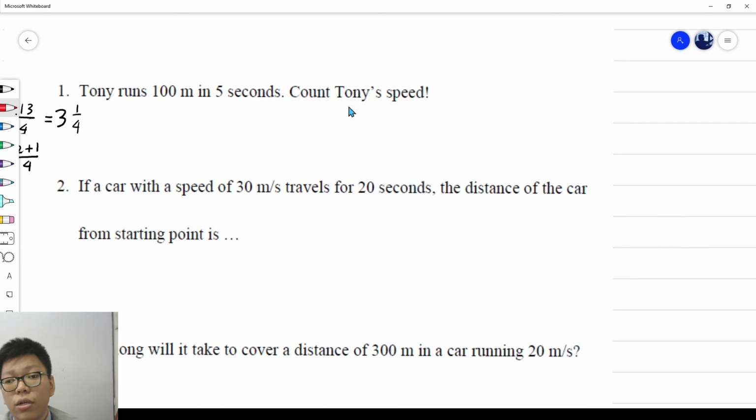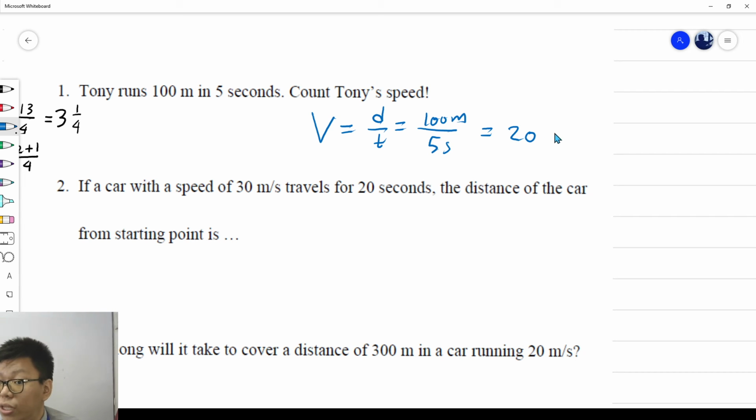First, Tony runs 100 meters in 5 seconds. Calculate Tony's speed. The formula of speed is distance over time. So 100 meters over 5 seconds. So the answer will be 20 meters per second.